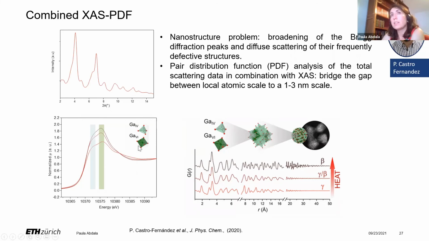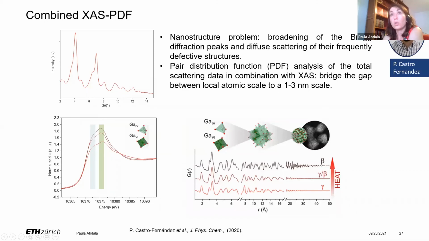Here I'm plotting the XANES, which can give us key information about the local coordination. We have gallium in tetrahedral and octahedral coordination in different ratios depending on the treatment, and this treatment leads to different phases, but also different ratios between these octahedral and tetrahedral sites.